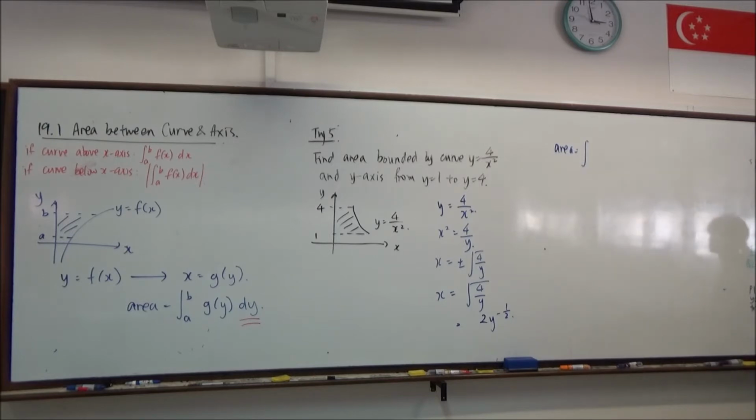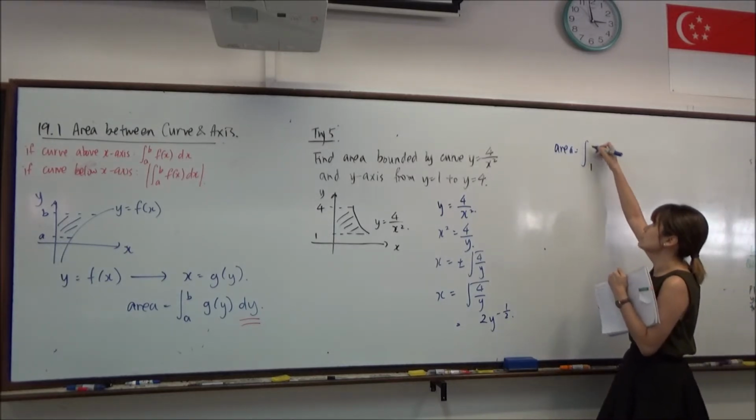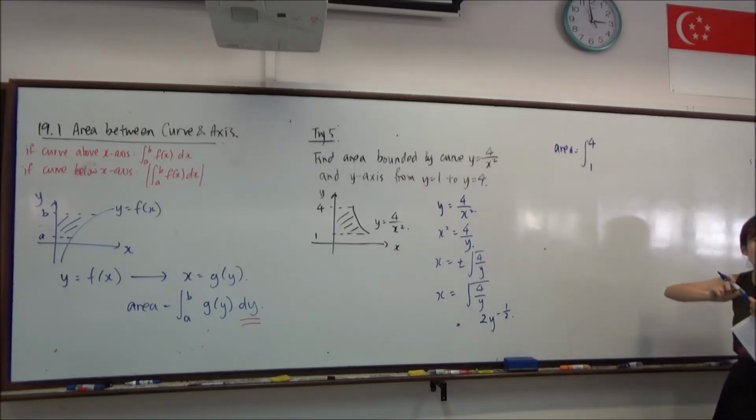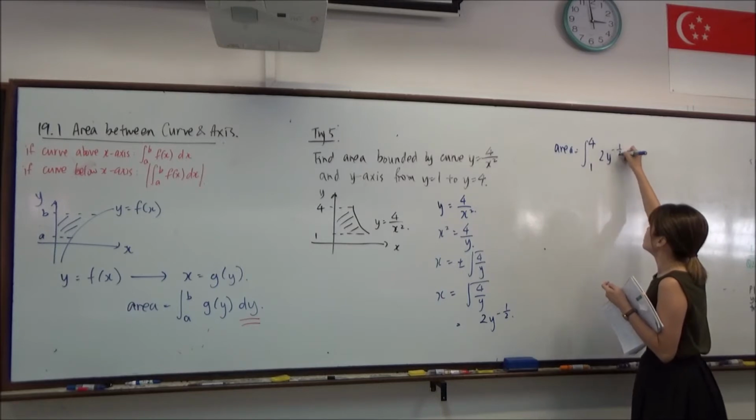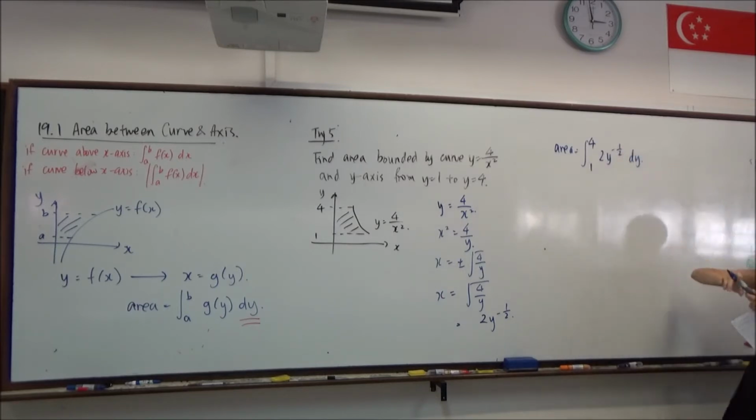So now we want to integrate to find the area from 1 to 4. Likewise, the lower boundary is a smaller number, the upper boundary a larger number. And we're looking at the integral of 2y to the power negative half dy.